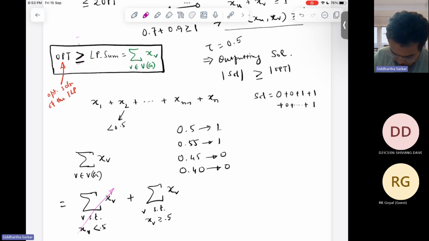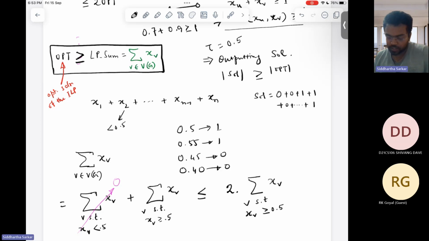So this part you are immediately ignoring. So you are saying all these variables whose value is less than 0.5, you are setting it to 0. And this part for every variable, you are setting them to 1. Okay. So we can say that this is less than or equal to 2 times summation xv, v such that xv is greater than or equal to 0.5.